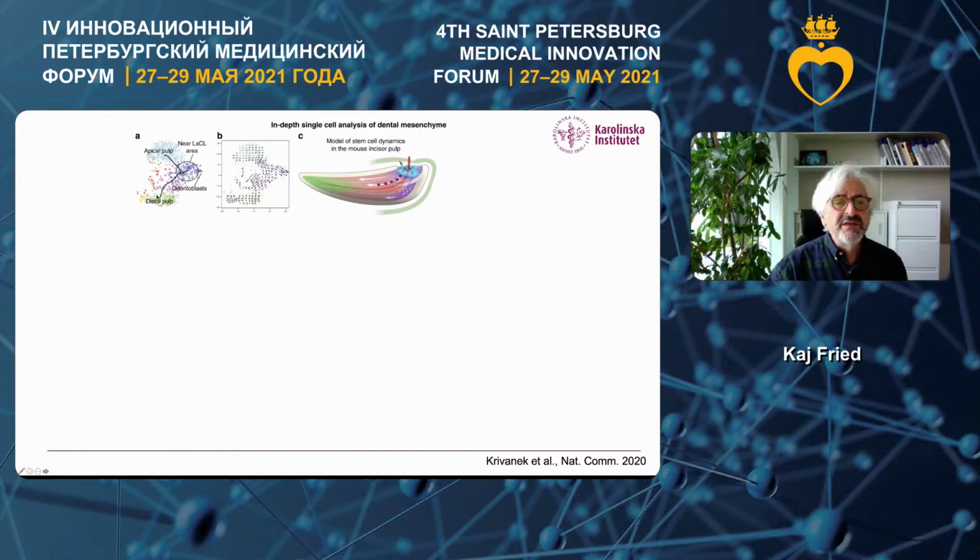So I will not go into detail, but it seems that they will acquire a final fate, and that there are transient stages, and they will eventually acquire a program that will differentiate them to a final fate. And this gives an enormous amount of information about transient states and what they express at different stages along these paths, which I will not go into detail here.